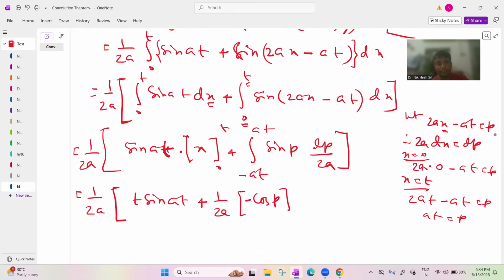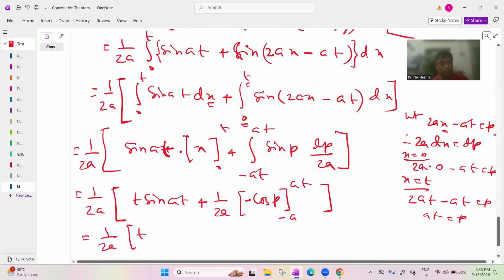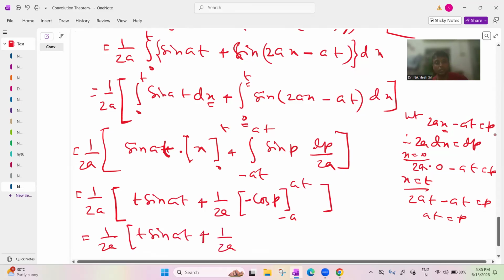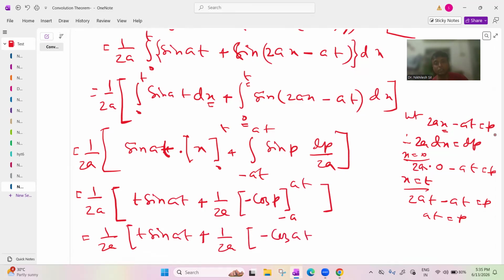Range minus θ to θ. This is equal to 1 by 2a t sin θ plus 1 by 2a. Now putting θ, we are getting minus cos θ, then minus a plus cos of minus θ.